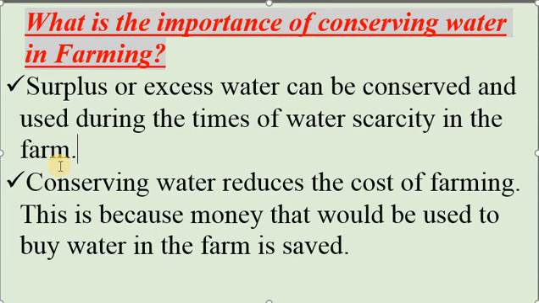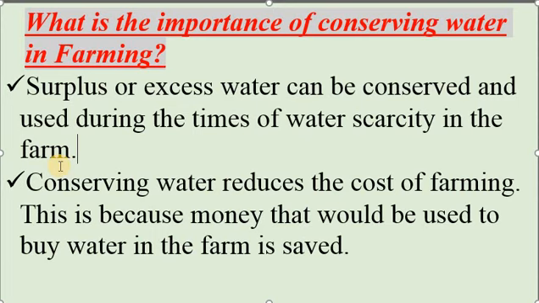Secondly, conserving water reduces the cost of farming. Somebody will ask you, Mwalimu, what does that mean? In some areas, especially the dry ones, farmers have to purchase water and other equipment to help them in irrigation. So that means the cost of production is high.